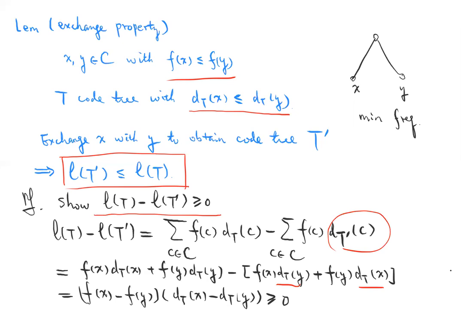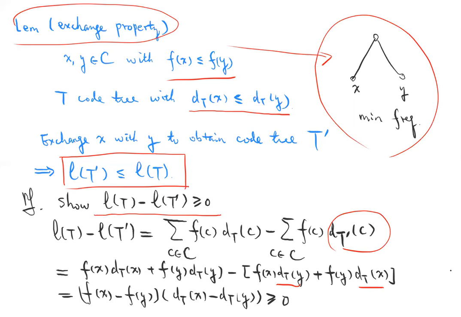The exchange property allows us to show that this always works. Once we have this, it's straightforward to use induction to prove how the algorithm works.